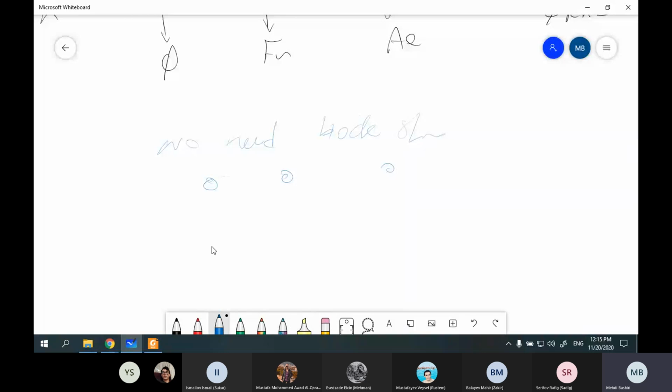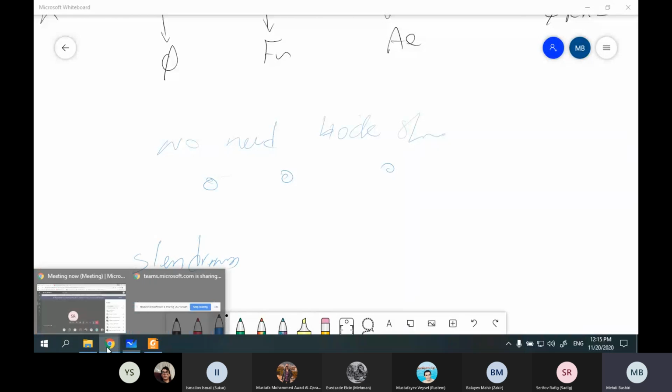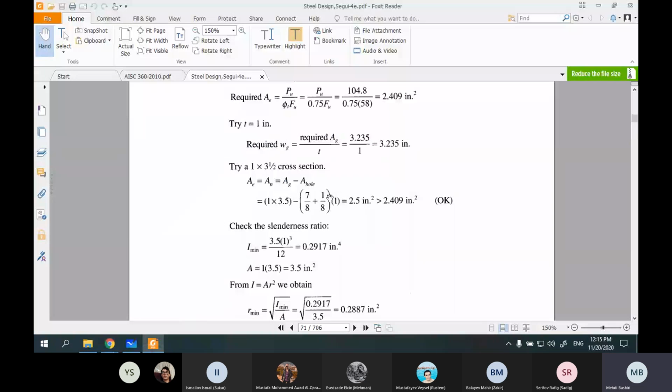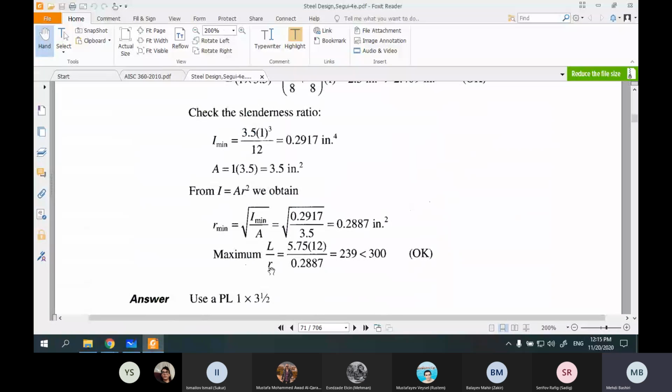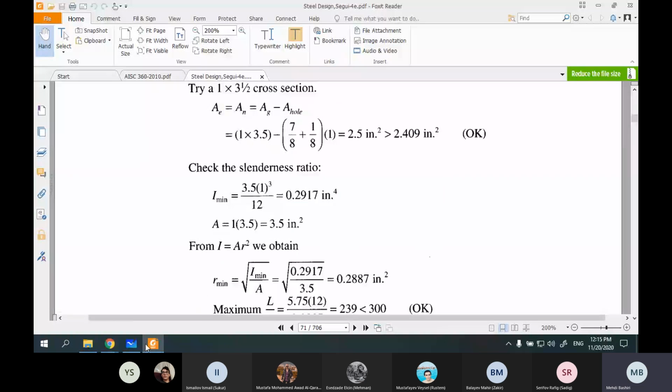The last thing was the slenderness ratio. For the slenderness ratio, if you remember, we should find L over r. What was r? The square root of I minimum divided by A. What is I minimum for this member?